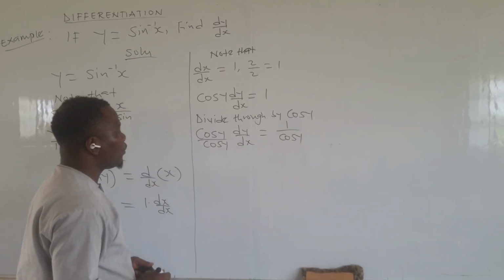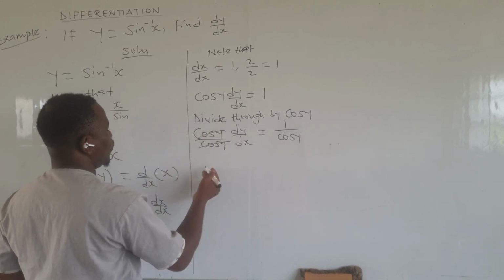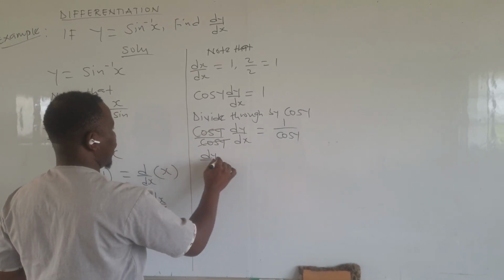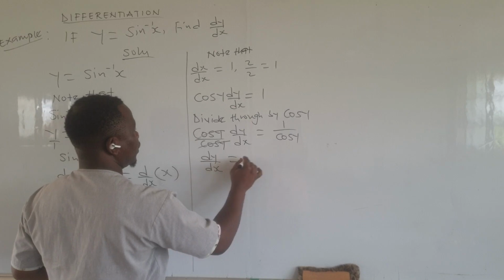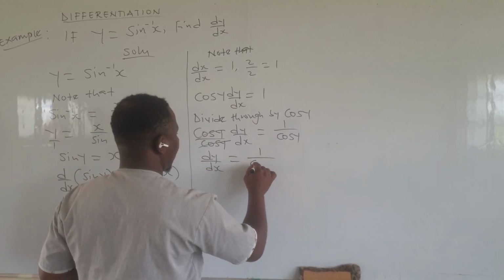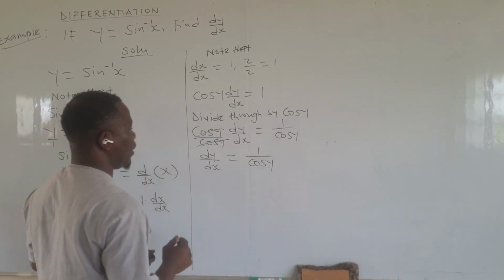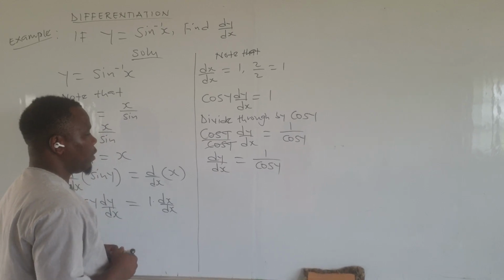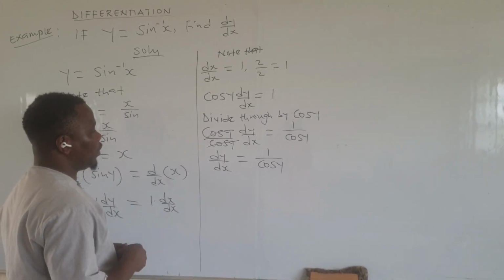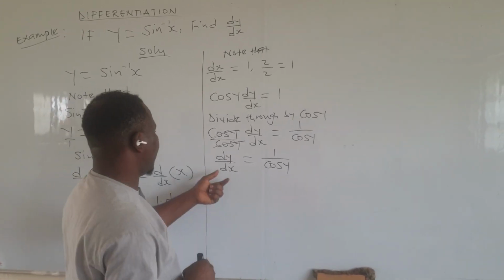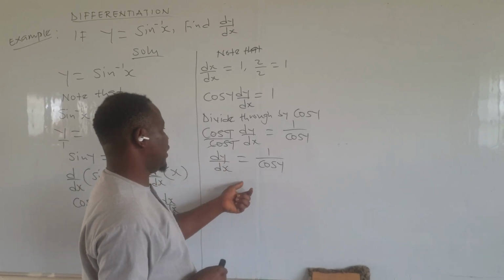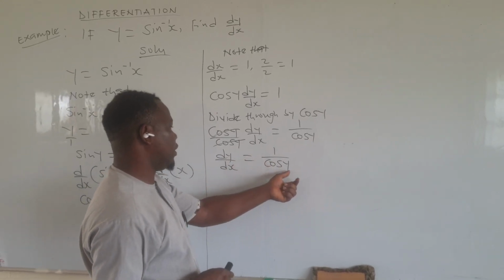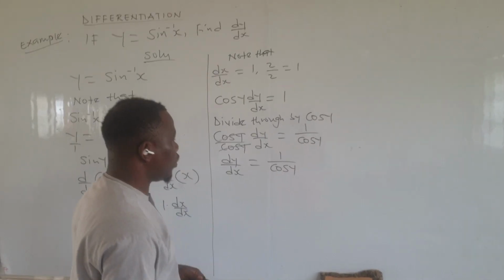Is that clear? So this and this will go. Therefore, our dy over dx is equal to 1 over cos y. Okay. If you agree with me, we will not stop here.